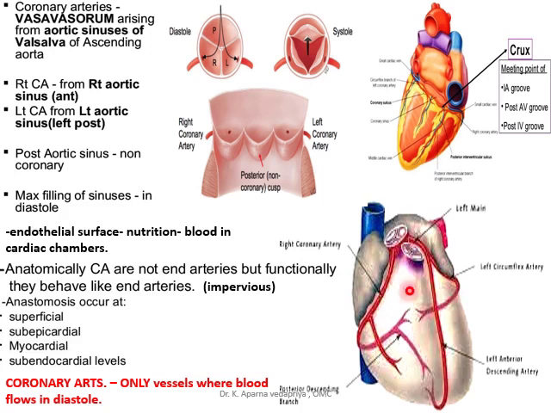The right and left coronary arteries arise from the aortic sinuses of the ascending aorta. The right coronary artery arises from the right aortic sinus, as it is known clinically, and anatomically we say it arises from the anterior aortic sinus.